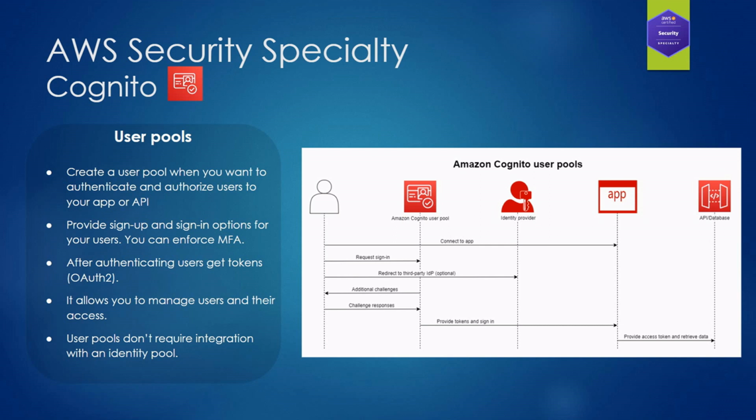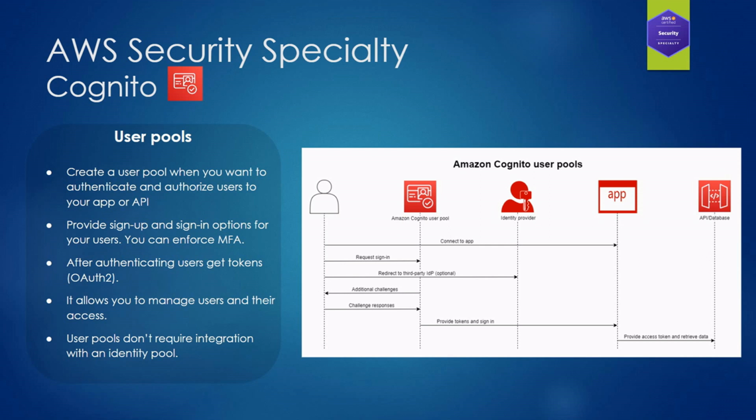User pools allow you to manage users and their access. And as we discussed, users can sign up, but they can also be imported or created directly in the pool and join through an invitation. After users are authenticated, they get OAuth 2 tokens, and there are 3 tokens you will receive after you have successfully authenticated, all of them in the JWT or JSON Web Token format.